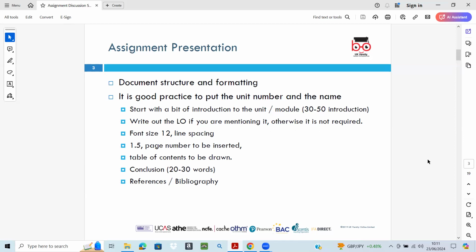Then we need to ensure that the font size should be 12, 1.5 line spacing, and we need to put the page numbers at the bottom or top of any page, whatever format we choose. And we need to include a clear and concise title page that reflects the content of your presentation.